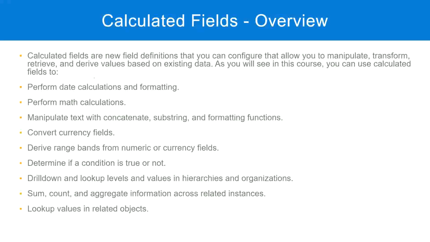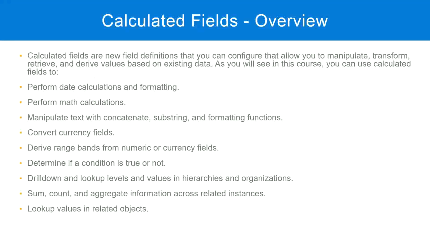Yes, we can create a calculated field for that as well. So we can drill down and look up levels. Like, you know the top level organization. What is the organization? That is 2 levels and subordinate.